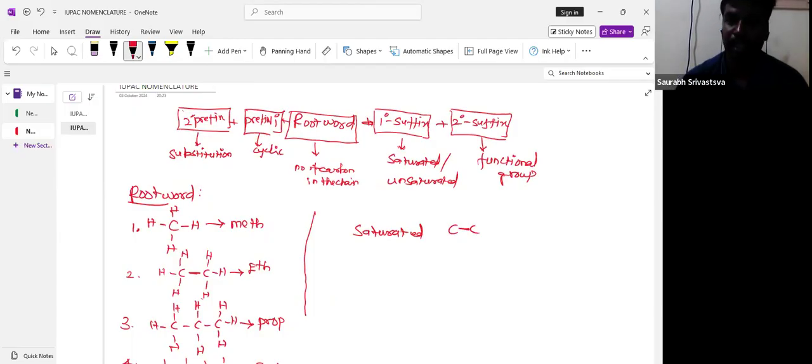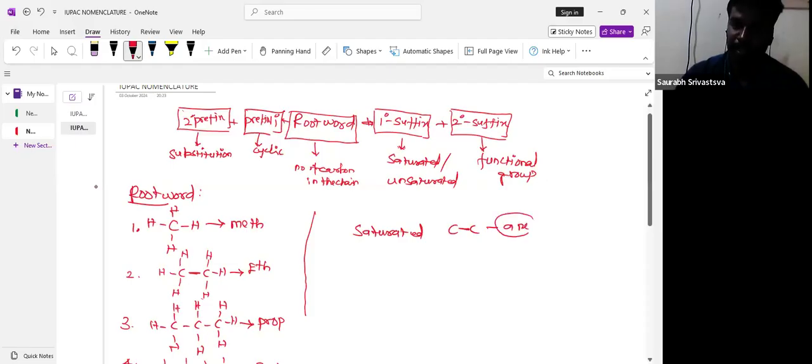Everywhere should be single bonds between carbon and carbon, not only carbon with oxygen or nitrogen or some other element. If the compound has single bonds alone, then we say ANE.